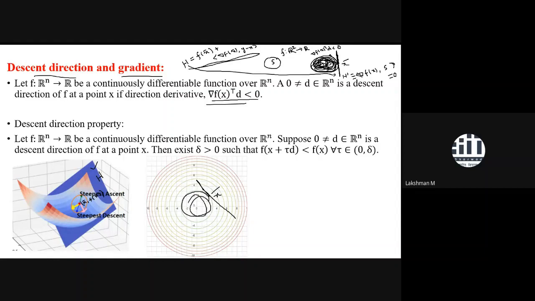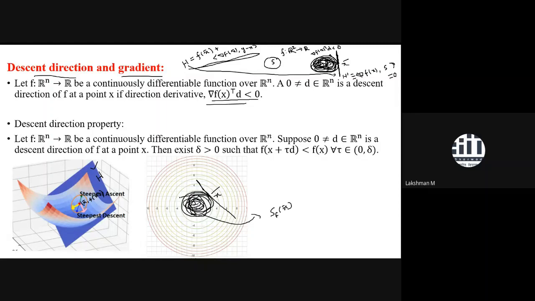You can name this disk the sublevel set of f at point x bar. Call it that. This one is the disk. And what are the descent directions?